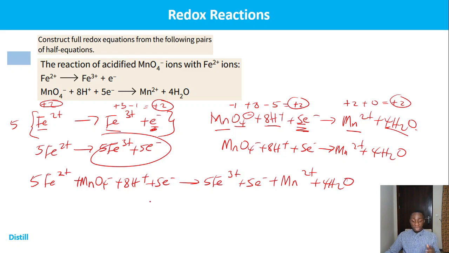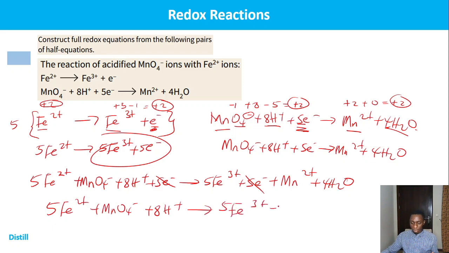So if you observe, you're going to see that we have 5 electrons on both sides, so they can be cancelled out. Eventually, you're going to have this full redox reaction. And this is how it is written.